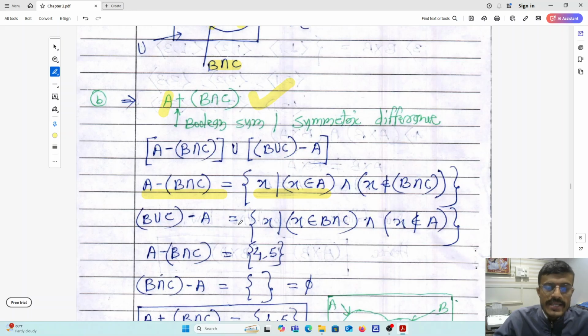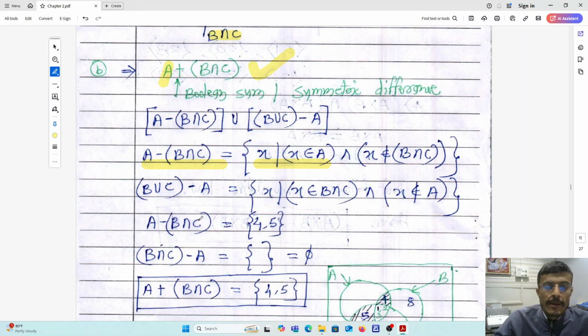And (B intersection C) minus A is X such that X belongs to B intersection C and X does not belong to A. So hence A plus (B intersection C) is equal to {4, 5}.